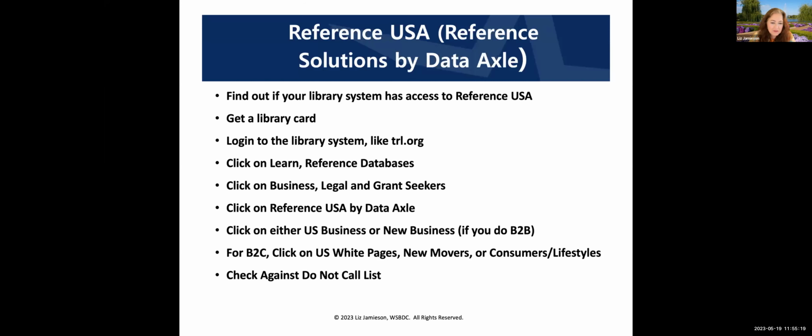I'm going to show you my particular library system website so you can see what it looks like a little bit here. And I just list the steps on this slide, what you have to click on to get into there. So you're going into reference databases. There's a section for business, legal, and grant seekers. And then you can see one of the options is Reference USA.